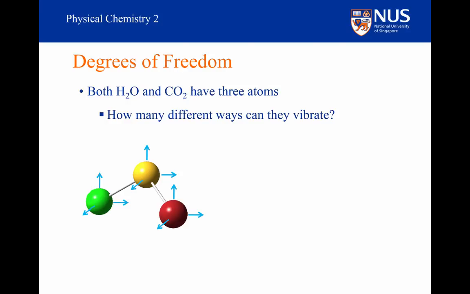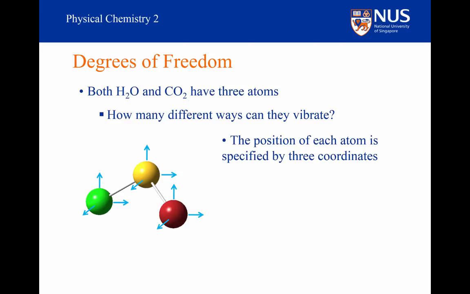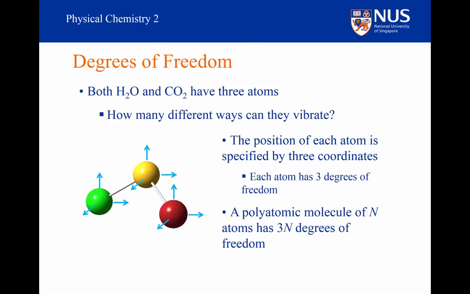Let's look at a triatomic molecule. We describe the position of an atom in the molecule with three coordinates. This means that in order to describe the motion of each atom, we also require three coordinates. We can say that each atom has 3 degrees of freedom. If we had but a single atom in the system, then each of these 3 degrees of freedom would be purely translational in nature.